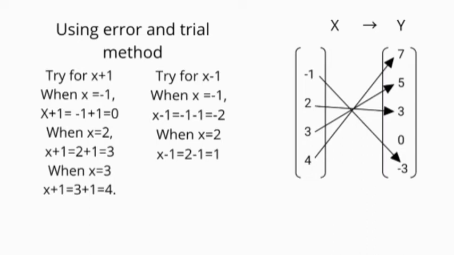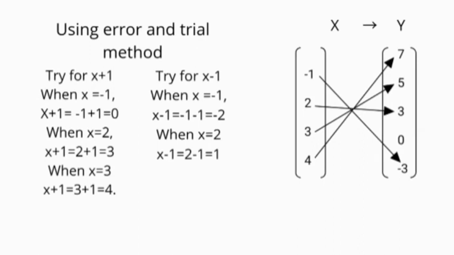If you try x + 1, when x is equal to -1, therefore -1 + 1 is equal to 0. Now from the diagram, -1 is mapped onto -3. So the image of x, which is y, is supposed to give us -3. And since it is 0, it means the equation is not valid, it's not correct.